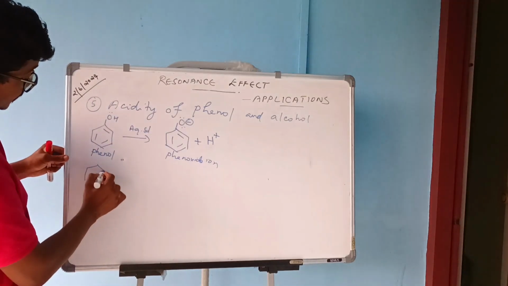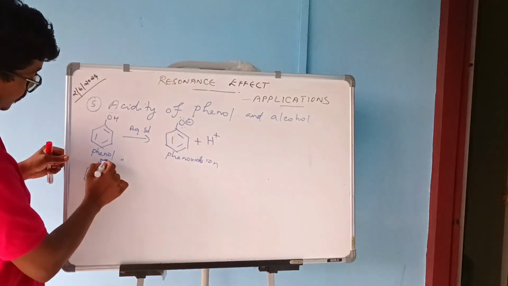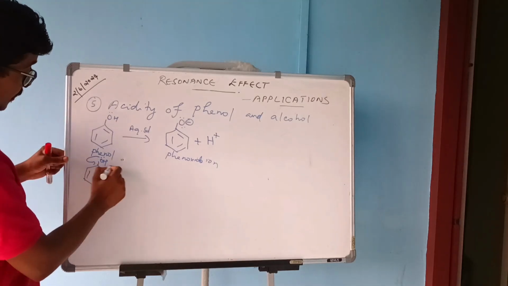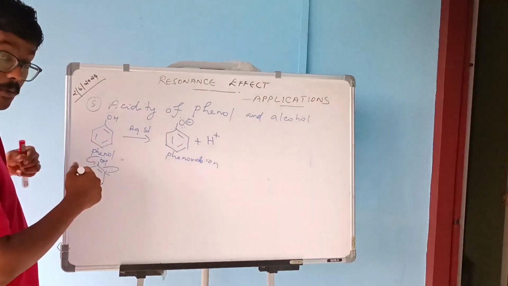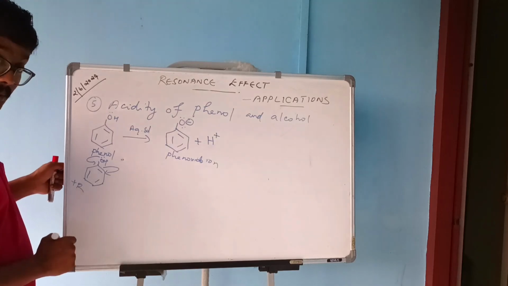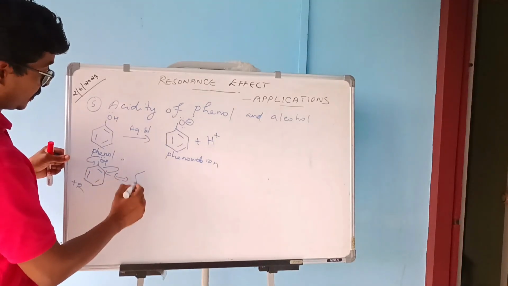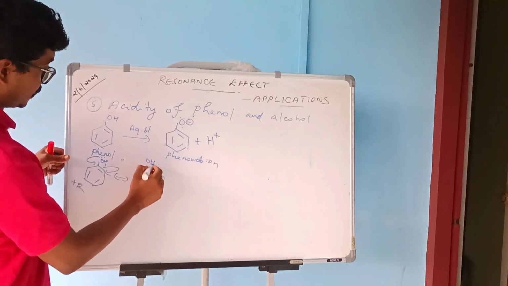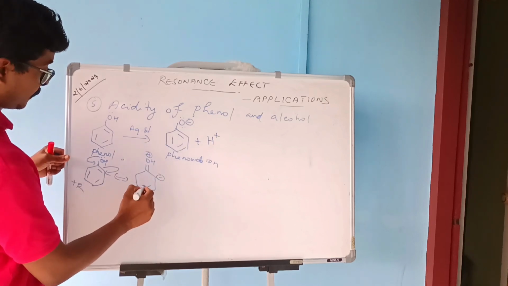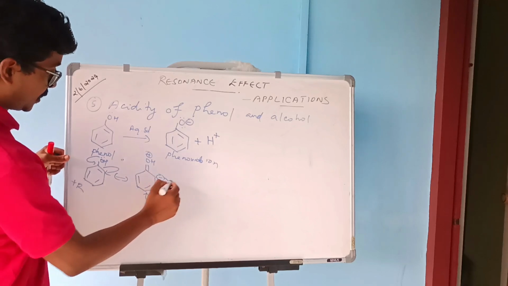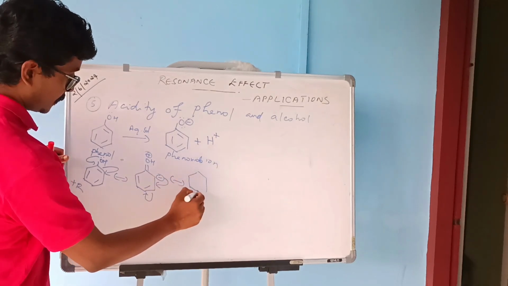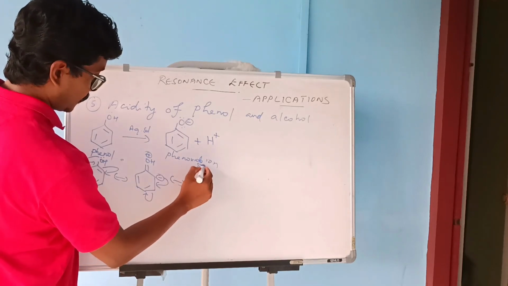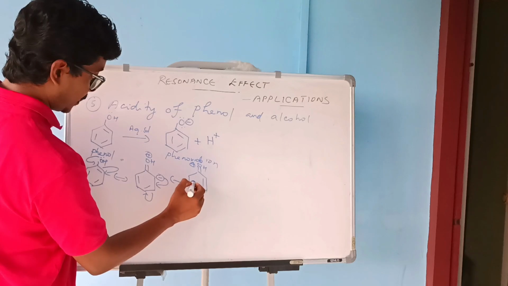Let's consider the phenol group first. The lone pair present on the oxygen will come to here, so this is the plus R effect, right? Plus R. As a result, a negative charge will occur here, and a double bond on this. The OH has a positive charge.